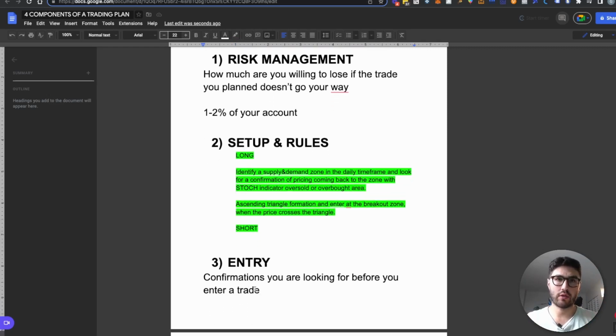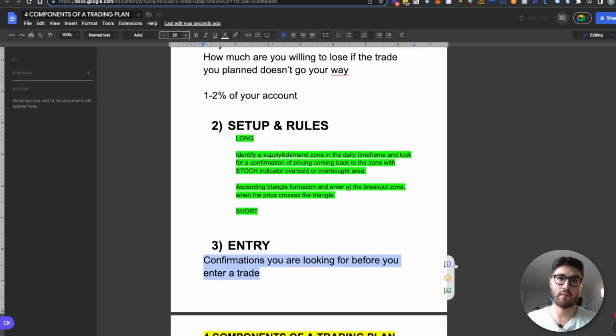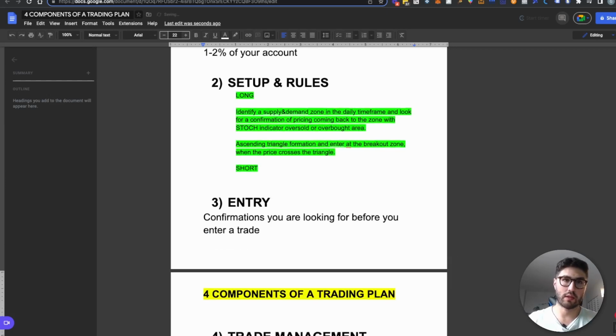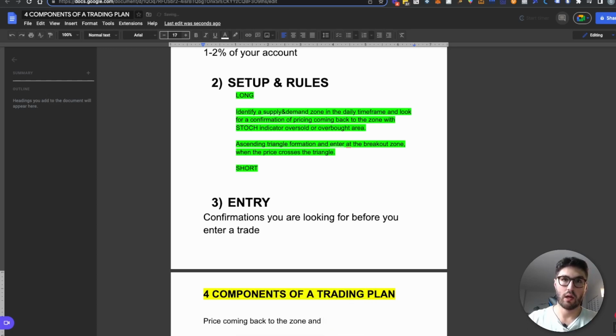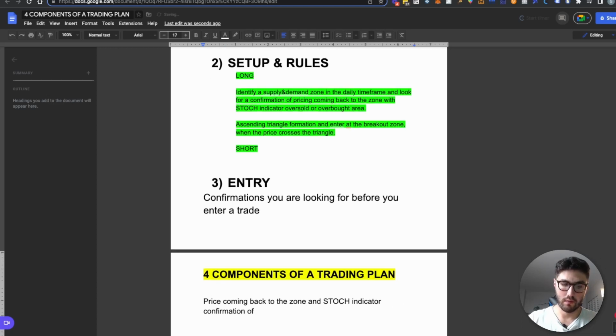And then in the entry section, you clearly identify your confirmation you're looking for before you enter a trade, okay? So in here, as a confirmation for this plan, we did mention the price coming back to the zone and stochastic indicator confirmation of oversold for a long position.